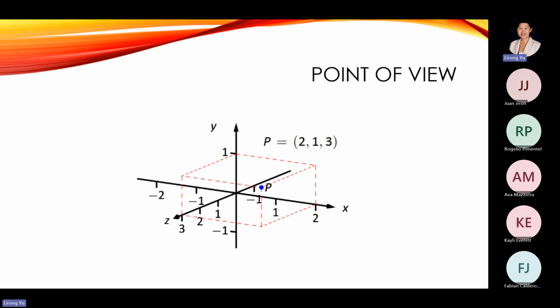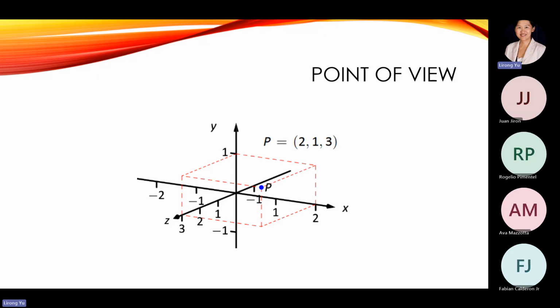All right, then we talk about how we draw our coordinate system in a three-dimensional view. In the picture, you see 2, 1, 3. You can put your x-axis horizontally, y-axis vertically, and z-axis pointing out of the paper. So that's one perspective, one point of view.